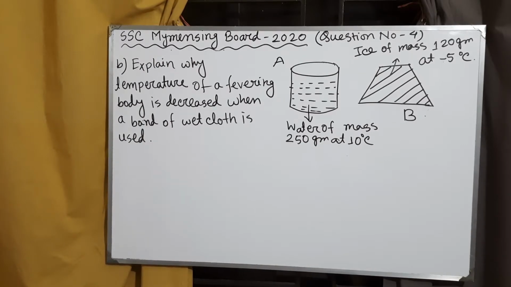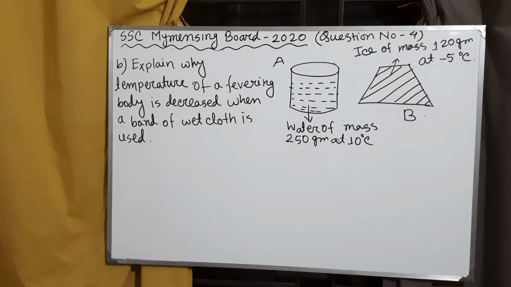Our question number B is, explain why the temperature of a quivering body is decreased when a band of wet cloth is used. Okay, and the answer is, when a band of wet cloth is used, the temperature of the quivering body is decreased because the wet cloth takes heat from the quivering body.